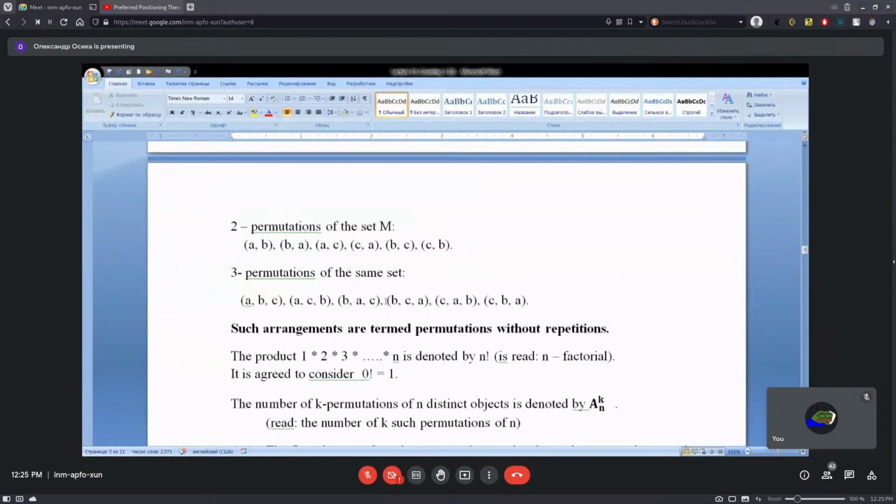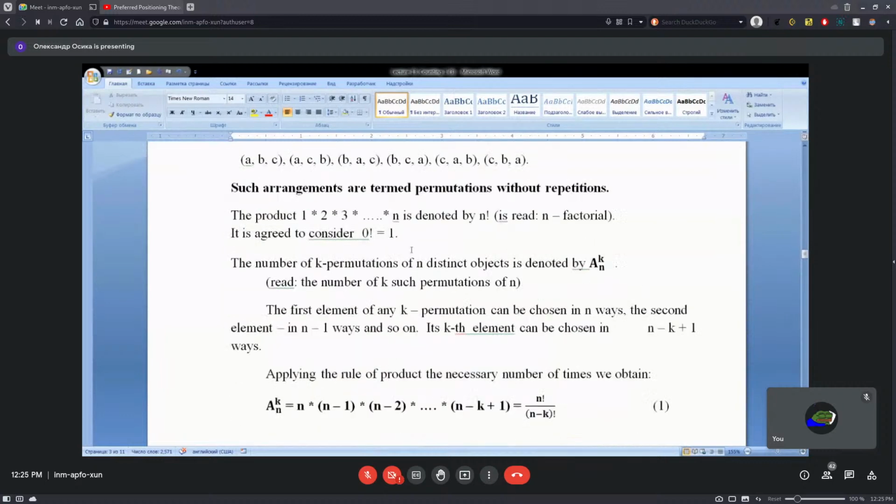Also, we see that there are 6 three permutations. Such arrangements are termed permutations, the term for such a subset is permutation without repetitions.